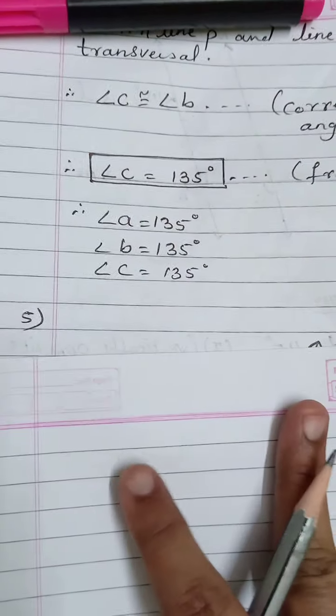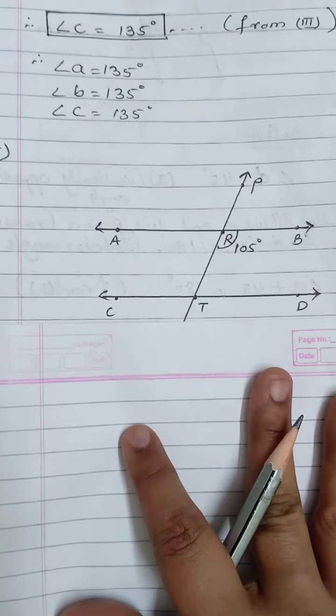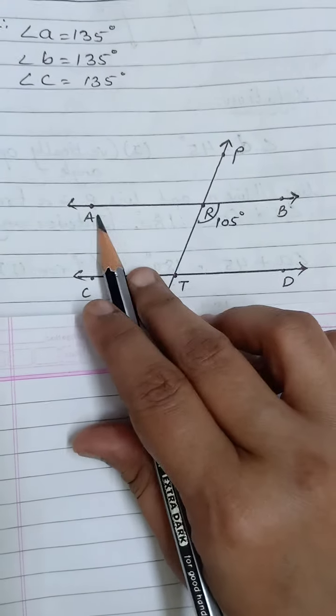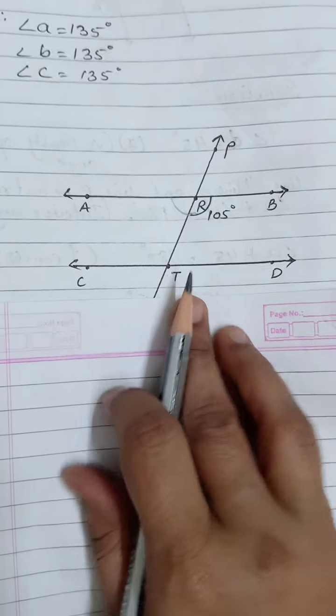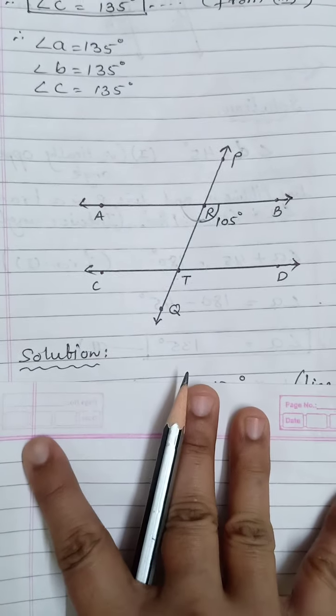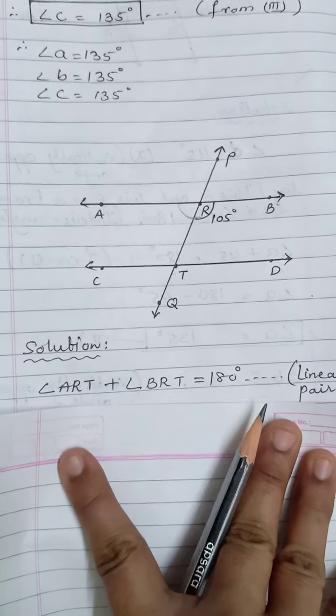So now we'll start question number 5. I have taken the same figure which is already given in the textbook. One of the angles is given, BRT. So angle ART and BRT are making a linear pair. So the addition of these two angles will be 180 degrees. So angle ART plus BRT is 180 degrees, they are making a linear pair.